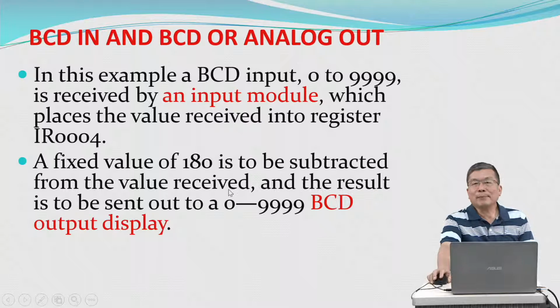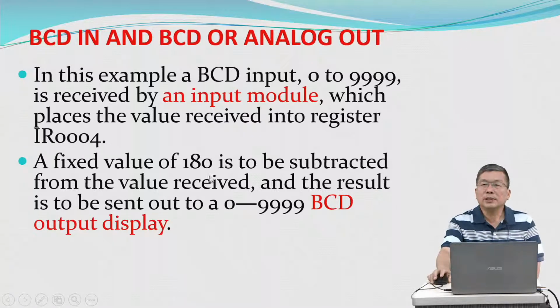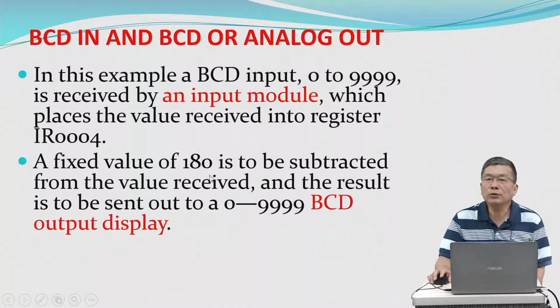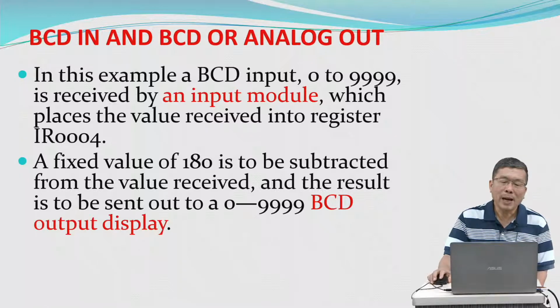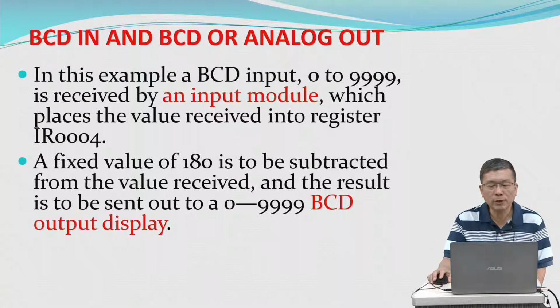In this example, a BCD input 0 to 9999 is received by an input module, which places the value received into input register number 4.